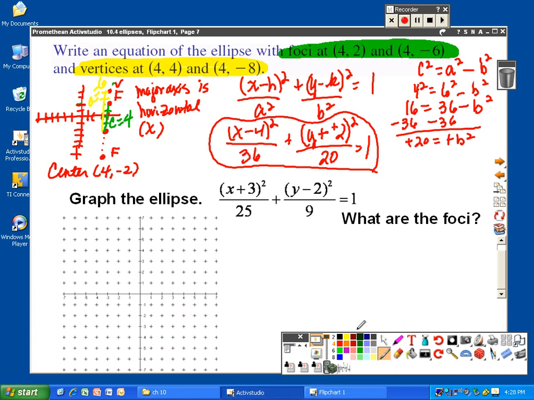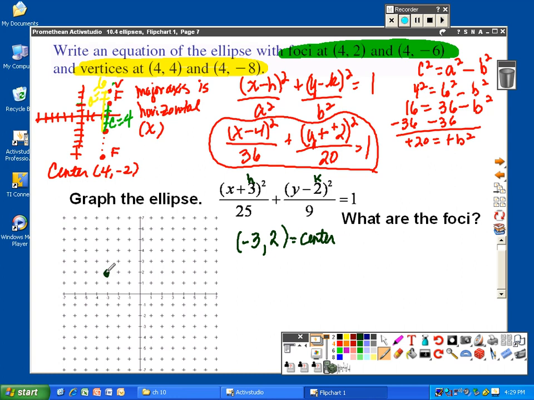H, K. Has to be in the x minus form. So this is a plus 3, so it would be negative 3. And this has to be in the y minus, and it is. Negative 3, 2 is my center. So let's plot negative 3, 2 as your center.